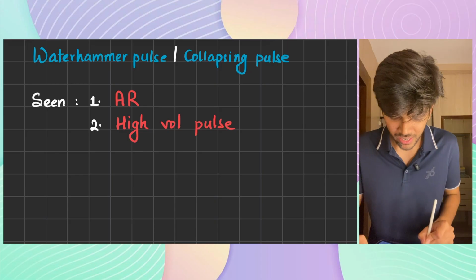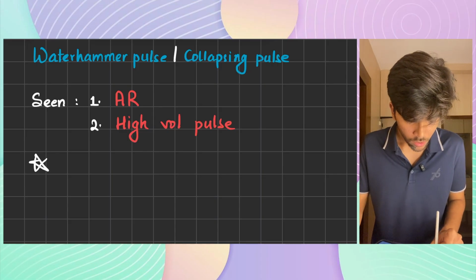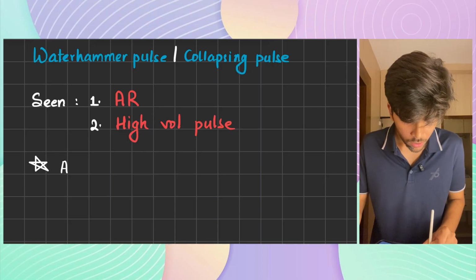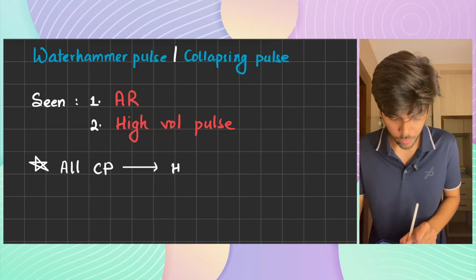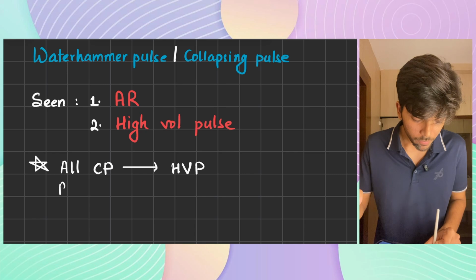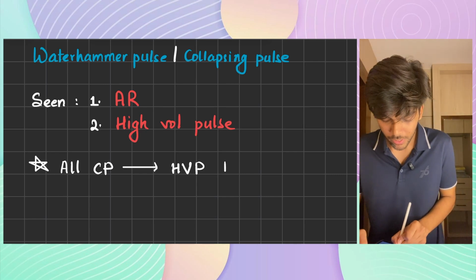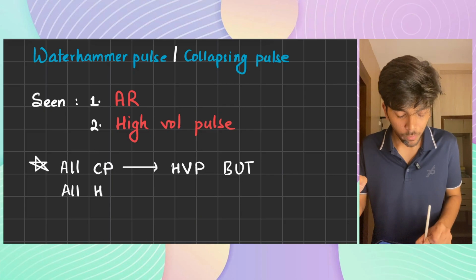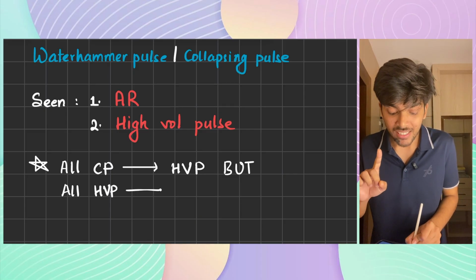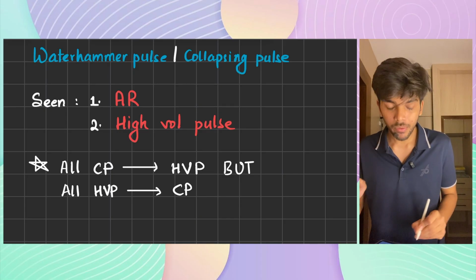But remember this very important line. All collapsing pulse are high volume pulse, but let me give a big but here, but all high volume pulse are not necessarily collapsing in nature.